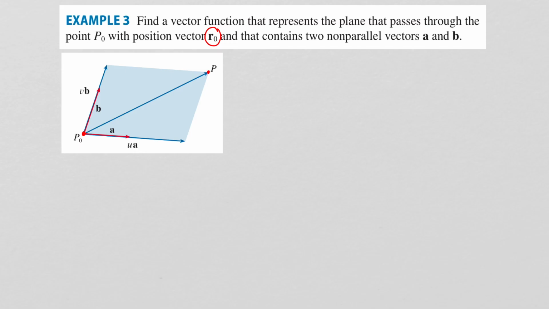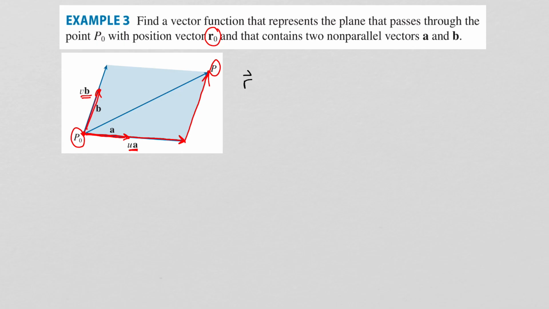Well, if you're given two non-parallel vectors, a and b, to go from the vector P0 to the vector P, all one needs to do is add a multiple of the vector a to a multiple of the vector b. So if I have the vector a here, for example, I might have to multiply that by something, and then multiply the vector b by something. And if I add those two together, I'll end up at P.